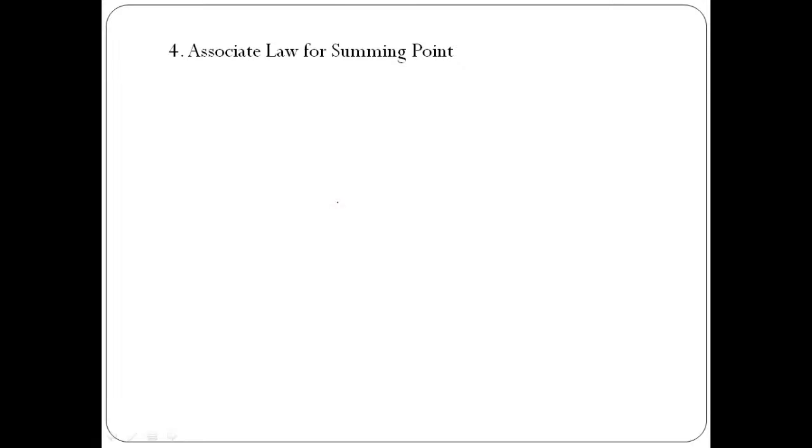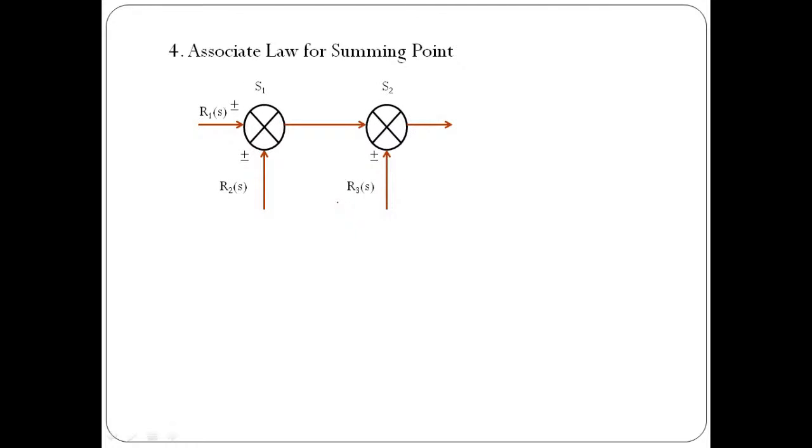Now, rule number 4 deals with the associative law for summing points. Now, what is the meaning of this? That means in this case we are going to check whether it is possible to apply the associative law for the summing point. That means if we have two or more summing points connected back to back, is there any possibility that we can swap the positions of the summing points?